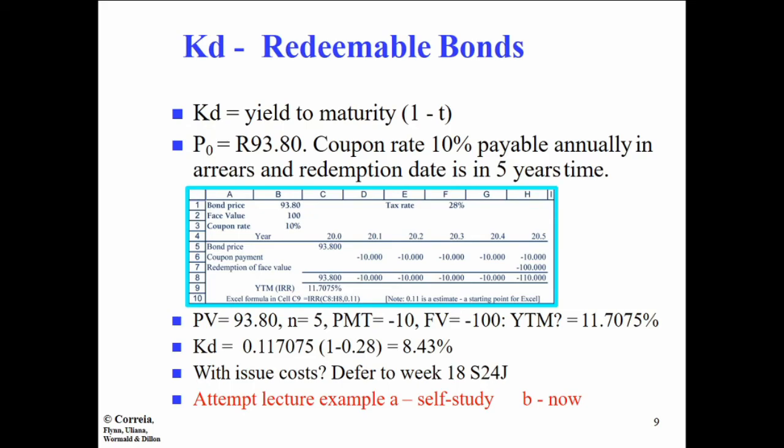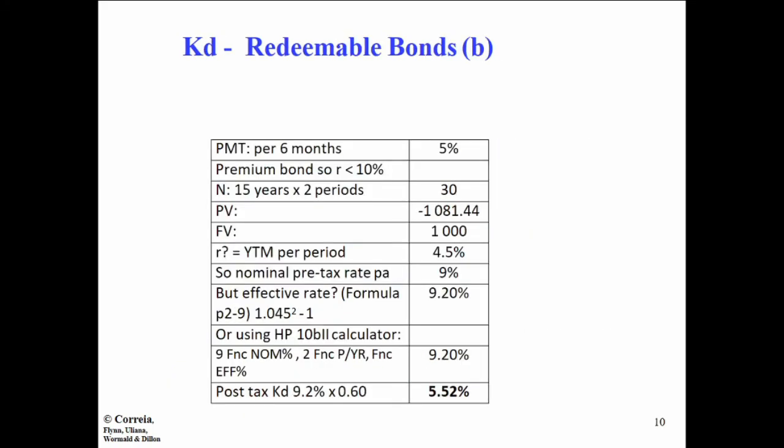So once we take the tax shield that the company will receive from SARS, our yield to maturity is 8.43%. So often there are issue costs involved when debentures are issued, and we will look at this in more detail when we look at section 24J later. So let's have a look at the class examples on the next slide.